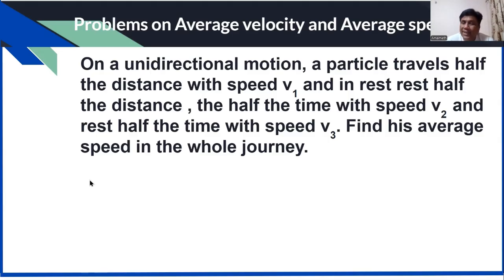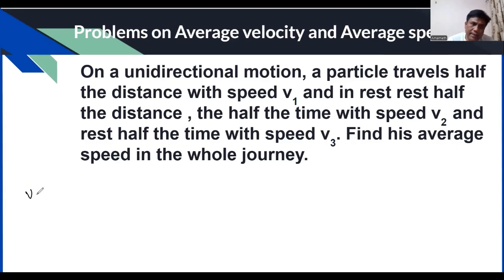See, if the situation is half the time, then average becomes V1 plus V2 by 2. Already we have discussed. You remember? If the situation is half the distance, the average velocity becomes, we have already derived it. No need to derive it again, okay?